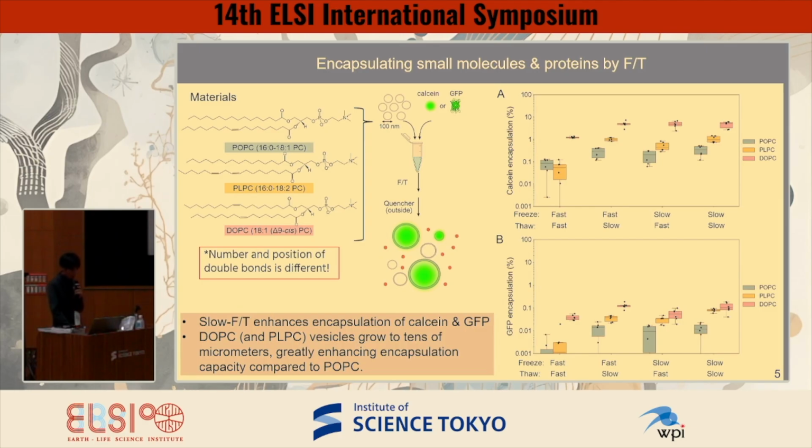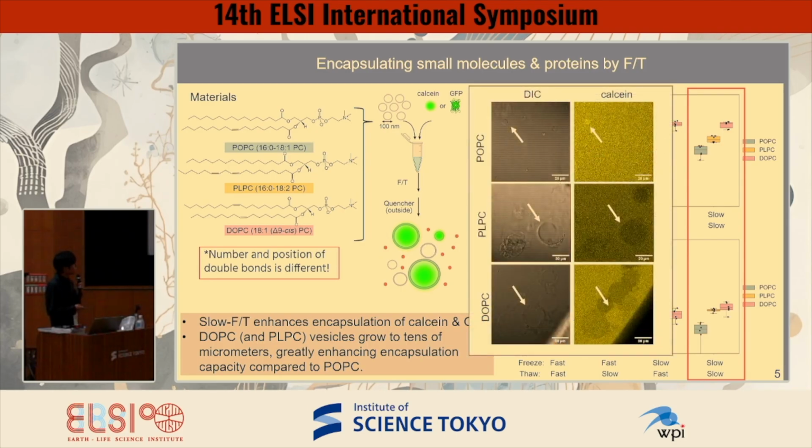And what we found is that slow freezing and slow thawing enhance the encapsulation of both Calcein and GFP. And also when we compare these three compositions, we found that DOPC encapsulates the most, followed by PLPC and POPC. And why?